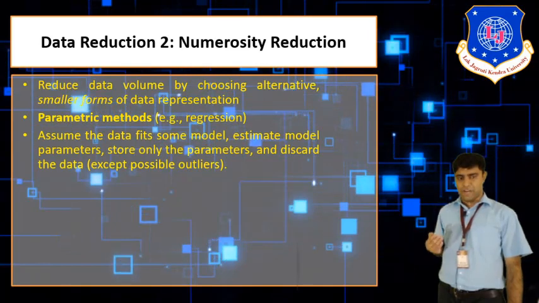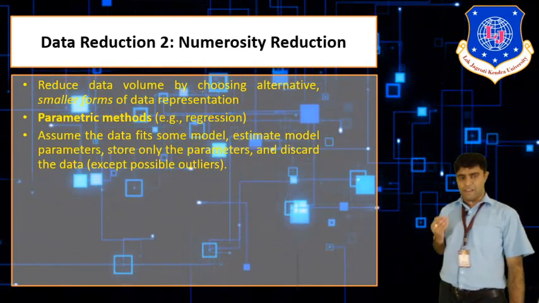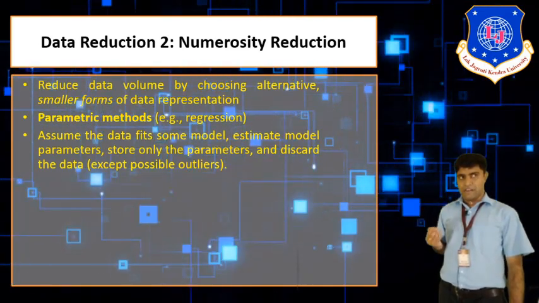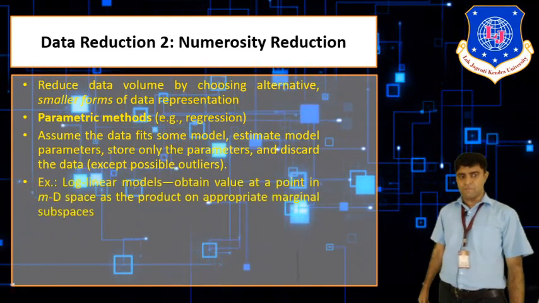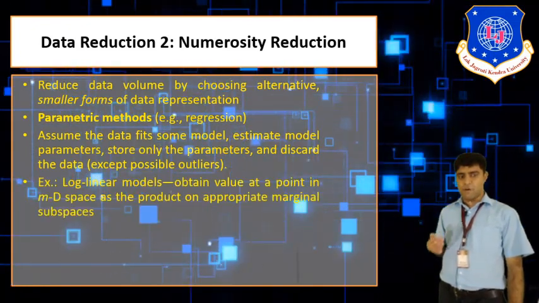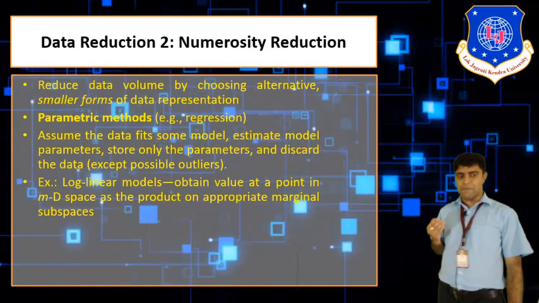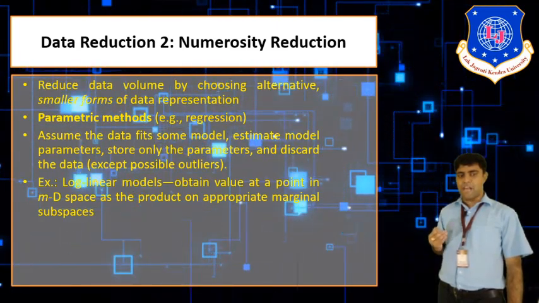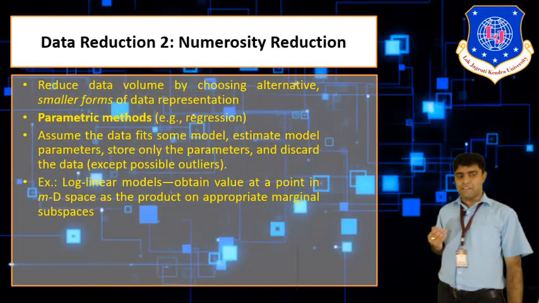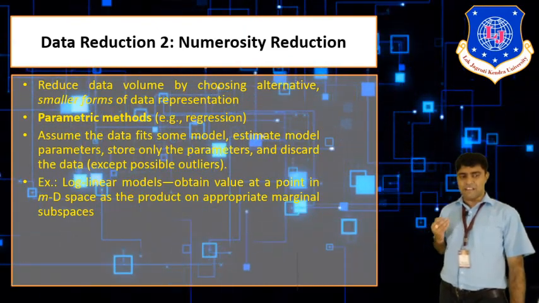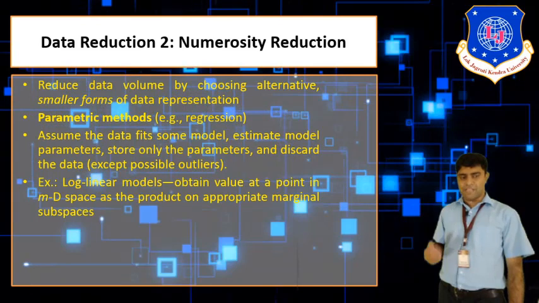So what are outliers? Outliers are noise or errors. Another example is log-linear models, which obtain a value at a point in m-dimensional space as the product of appropriate marginal subspaces. Those are examples of parametric methods.